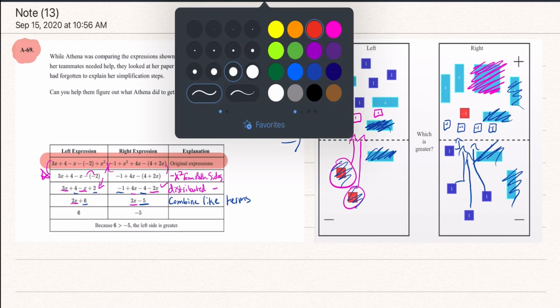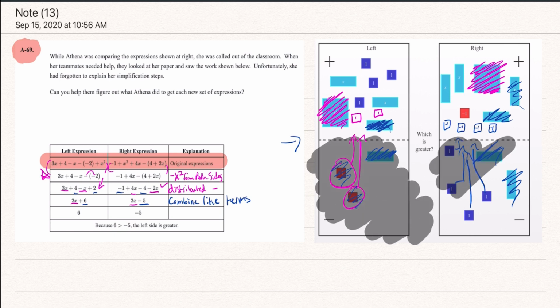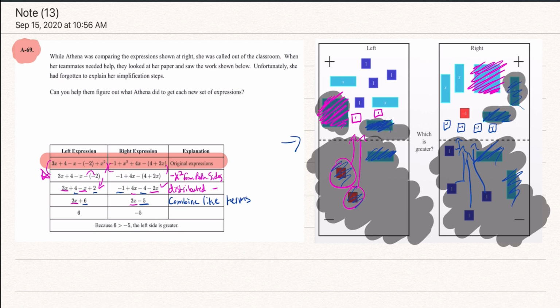So now I should have nothing in the bottom worthy of looking at. In either side, I have specific tiles that are already canceled out. And on our top, we just have our 2x plus 1, 2, 3, 4, 5, 6, and our 2x minus 1, 2, 3, 4, 5.